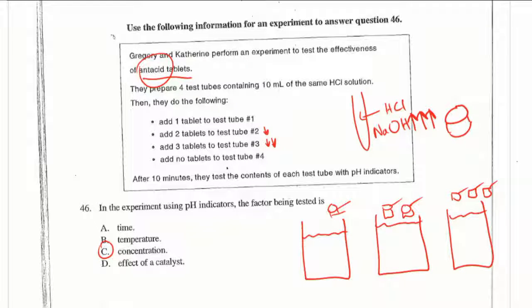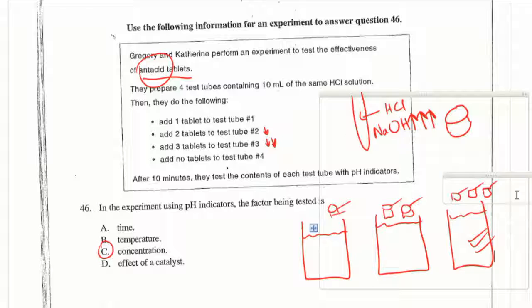So now we're talking about concentration. 1 scoop is going to make it a little sweet, and then this one's going to be really sweet, and then the last one is going to be the sweetest if you're making iced tea at home. So it's a concentration thing. If you didn't know that an antacid was a base, then I think you'd be okay anyways, if you really thought about it.